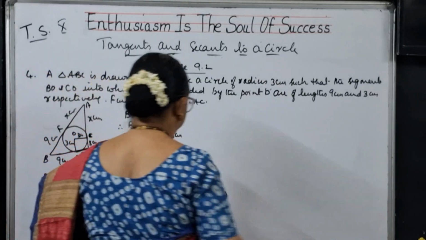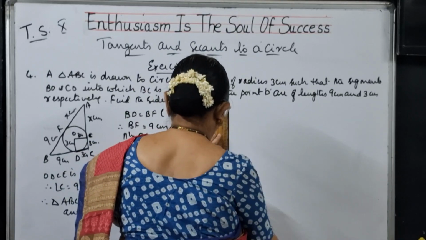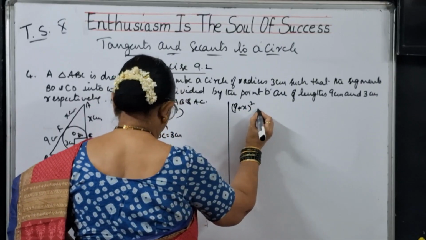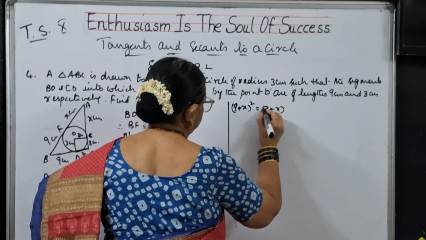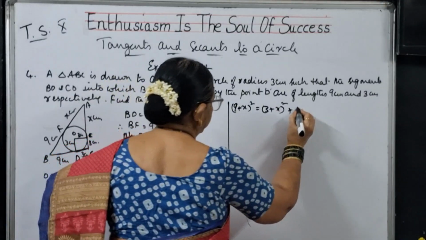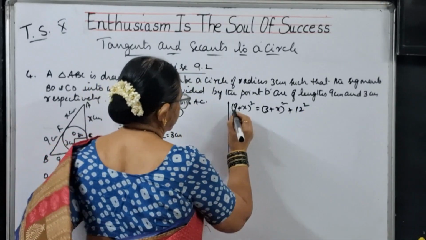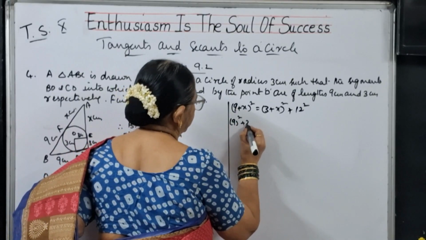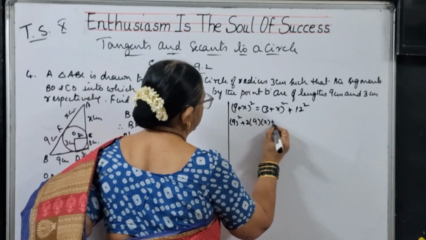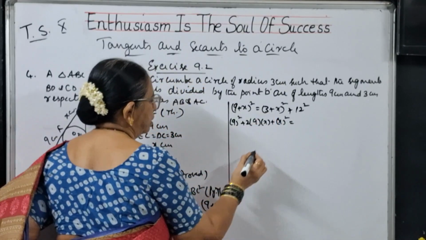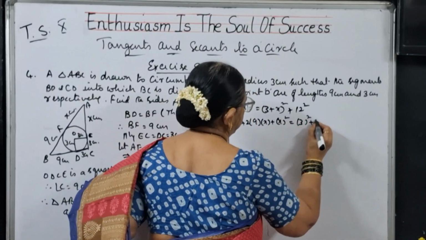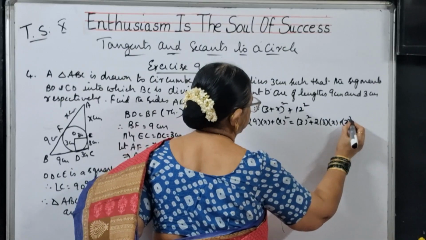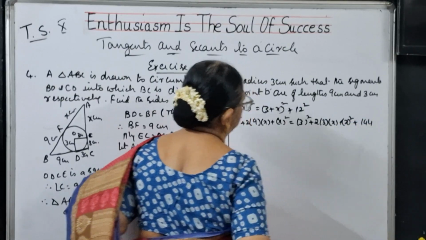That means 9 plus x whole square is equal to 3 plus x whole square plus 12 square. So it is (a plus b) whole square, that is a square plus 2ab plus b square. Similarly, this is also a square plus 2ab plus b square, plus 144. 12 12s are 144.